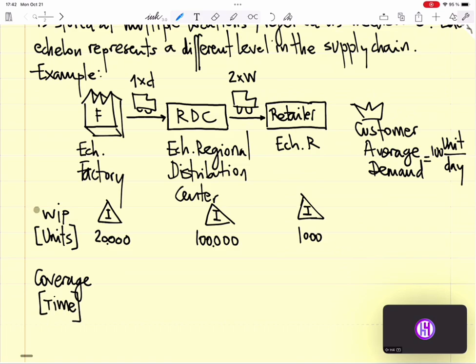With 1,000 units, you can cover 10 days of demand. With 100,000, you can cover 1,000 days of demand. With 20,000, you can cover 200 days of demand.